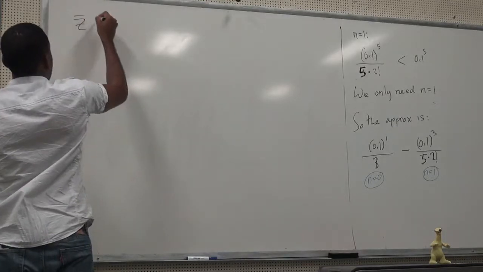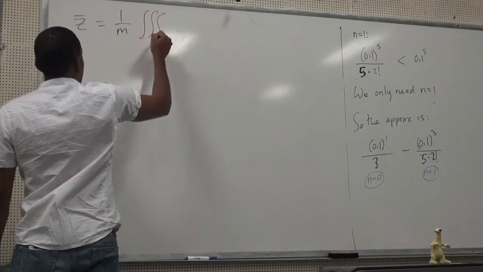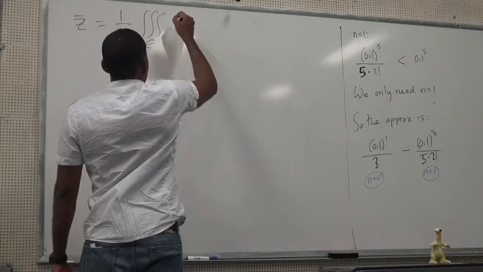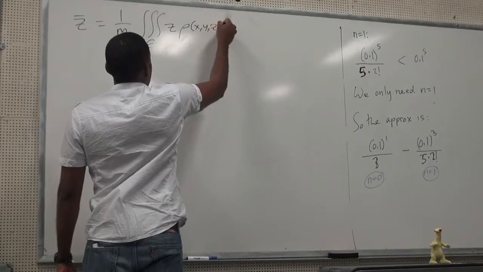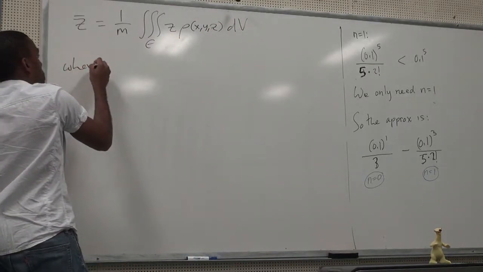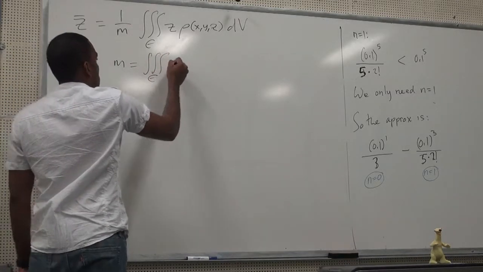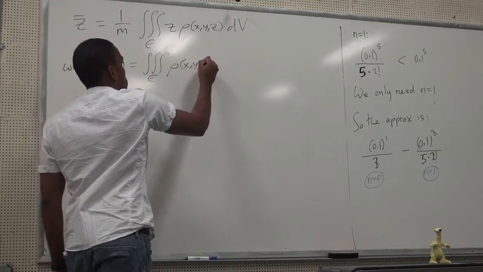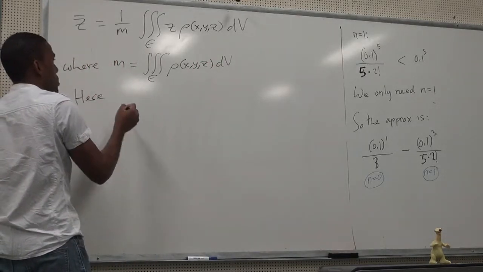Z bar is equal to 1 over M times the triple integral over the solid of z times the density dV, where your M is the mass.